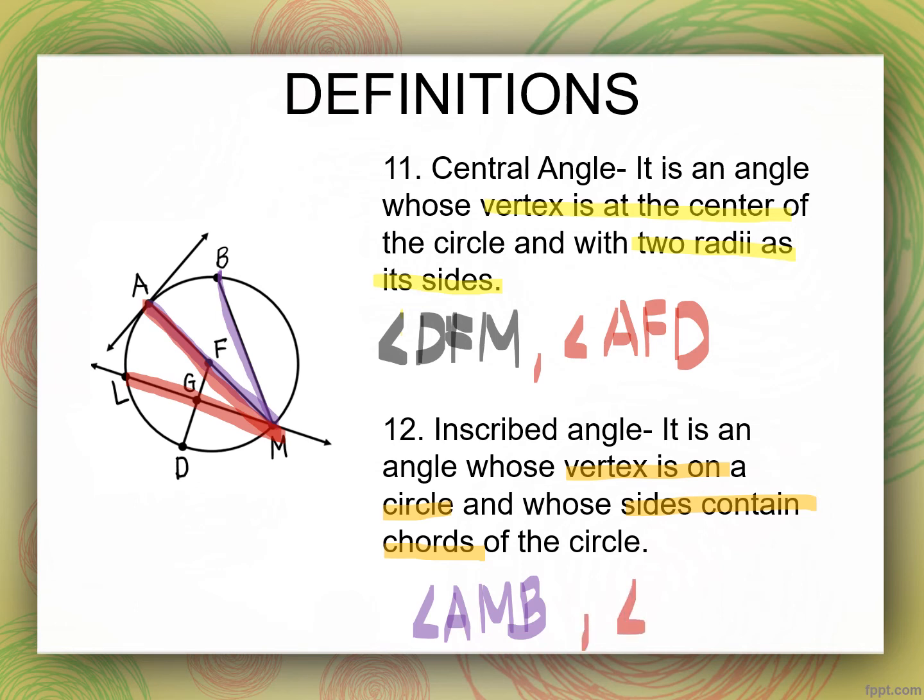So therefore, angle AML is also an inscribed angle. You can also write angle BML, okay? So the combination of the two, the first two angles that we got. So we can write angle BML.